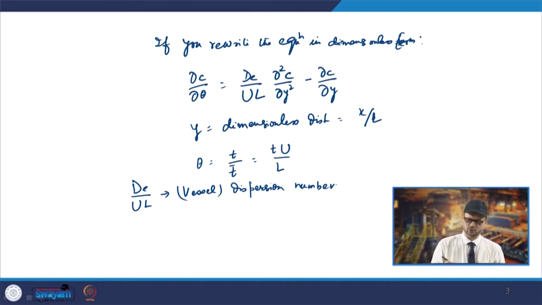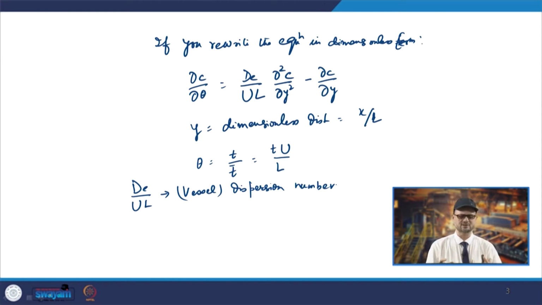It talks about the extent of longitudinal dispersion, in the sense that if its value is more, the longitudinal dispersion is more. It is not a molecular property of the system, but depends upon the flow condition of the system.